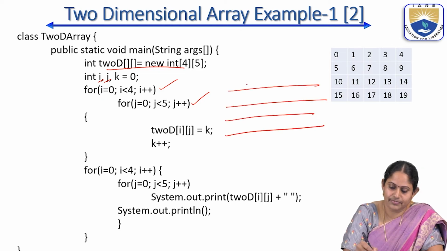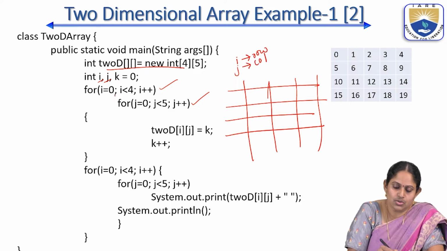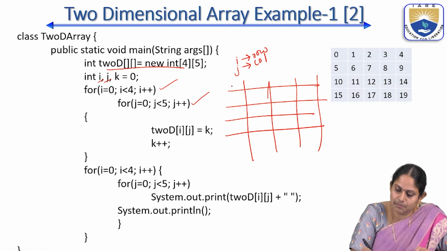Let's say we have the i variable: i is pointing to the row and j is pointing to the columns. So initially this will be 0,0; 0,1; 0,2; 0,3. Then 1,0; 1,1; 1,2; 1,3; 2,0; 2,1.